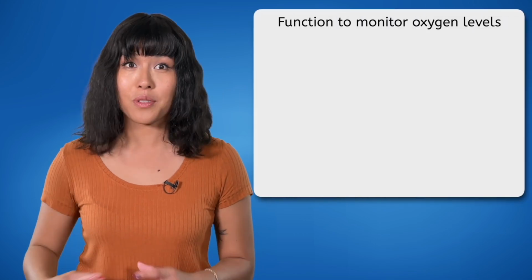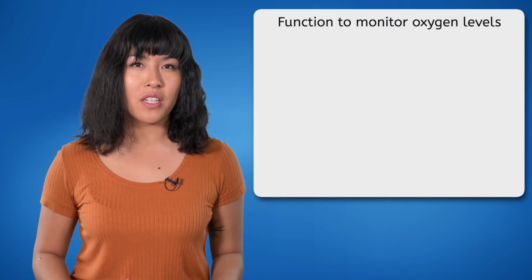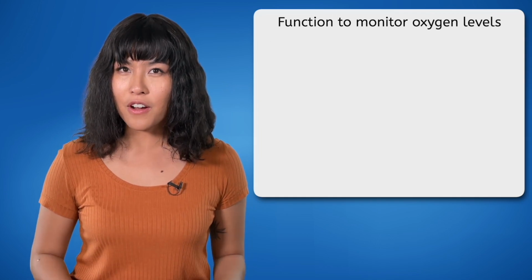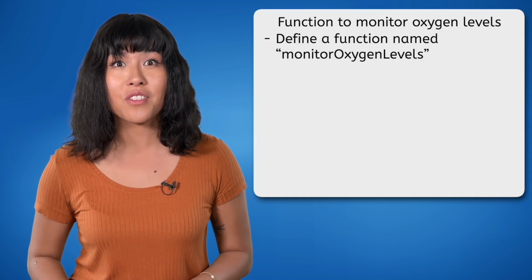Let's create one more function that uses an if statement so that we'll be able to get different results based on different inputs. Imagine we're in charge of a space station's life support system. We need a function to monitor oxygen levels. First, define the function named monitorOxygenLevels.